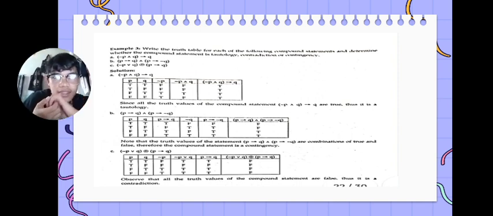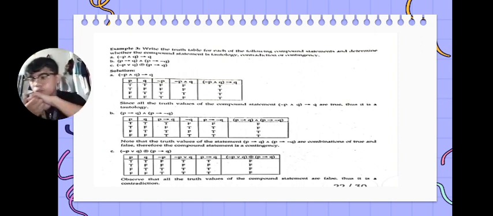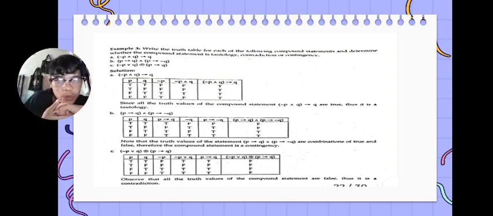Next is letter C, negation of P or Q, and the exclusive or of P then Q. There is an example in the table. If P is true and Q is true, the negation is false. If the negation of both statements is true, then the negation is false.